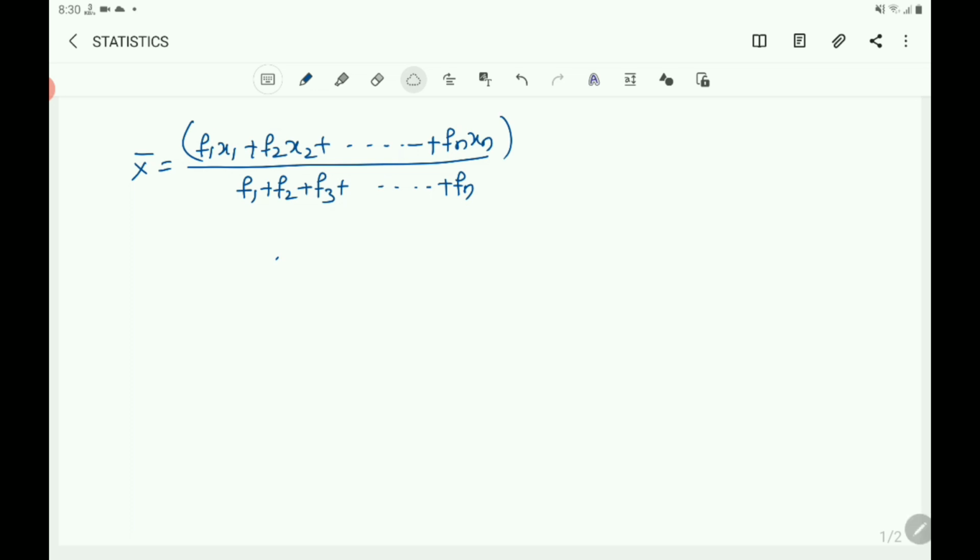So x bar equals summation of fi xi, i equals 1 to n, divided by summation of fi, i equals 1 to n. Here x bar means mean or average.